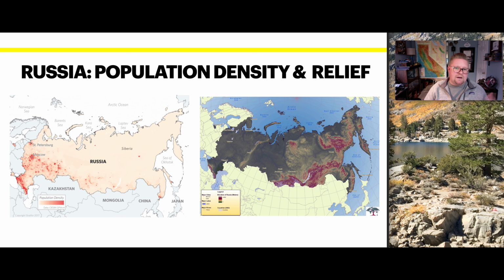Looking at Russian population density versus relief. So here in this diagram we can see on the left is the dot density of the population in Russia. We can see that a majority of the population is really concentrated on the western side of the Russian Empire itself. And then if we notice on the relief map, we can see some tremendous mountain ranges.